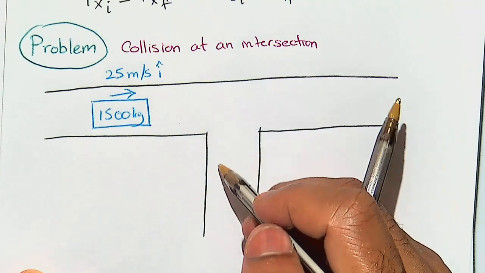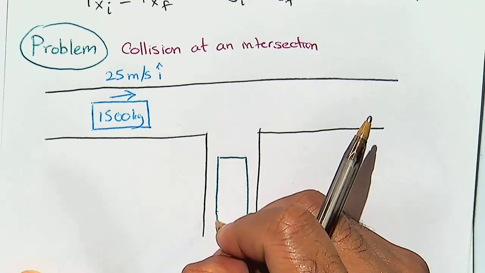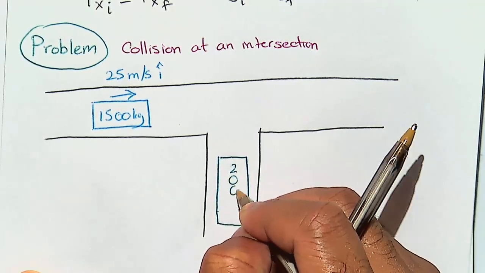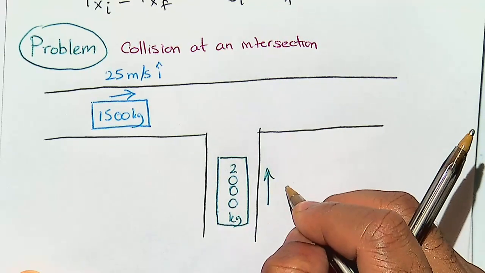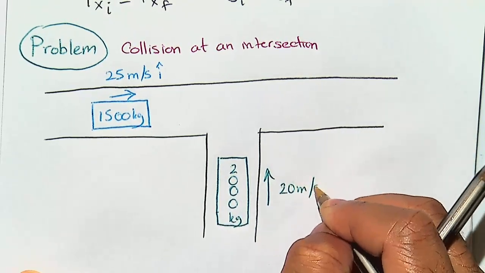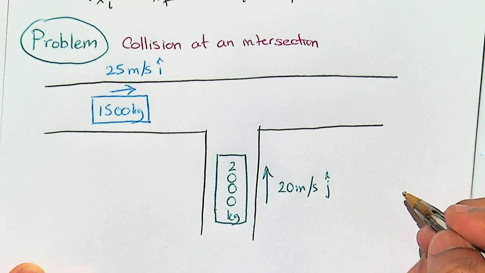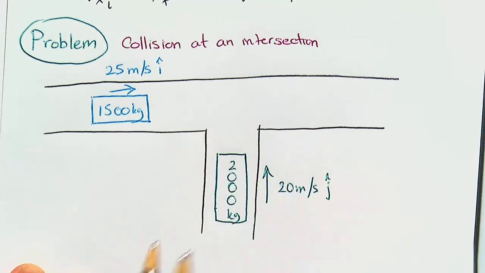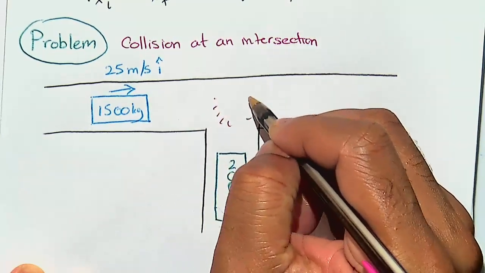And we also have another car, 2,000 kilograms, and it's traveling up 20 meters per second in the j hat direction. Okay, and you can see at some point in time they will meet right here. They will collide, right?